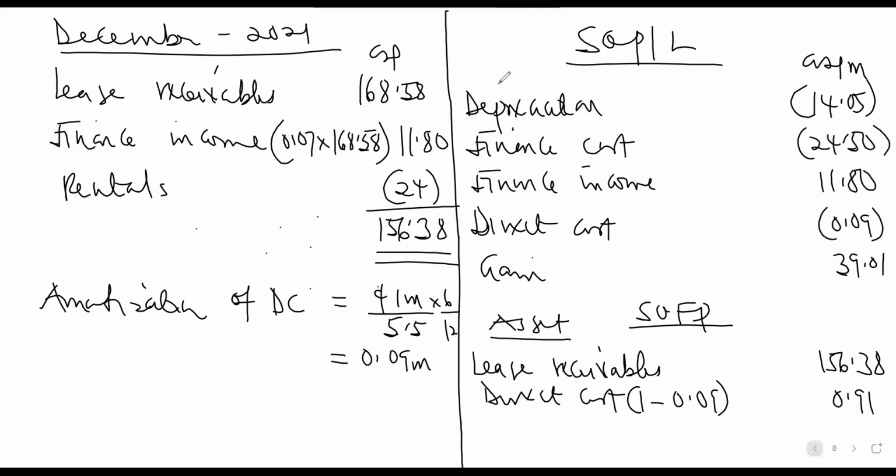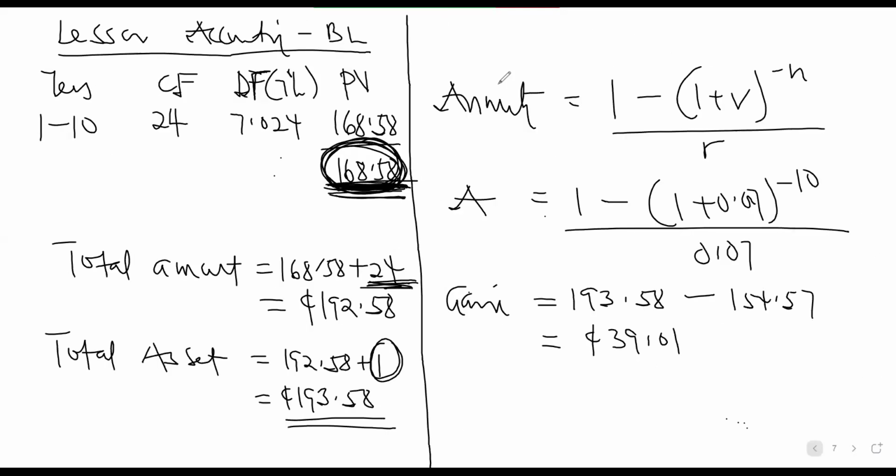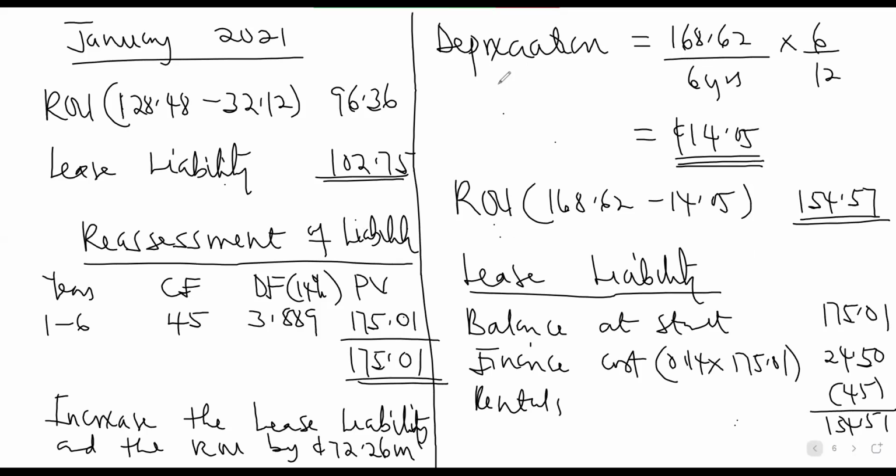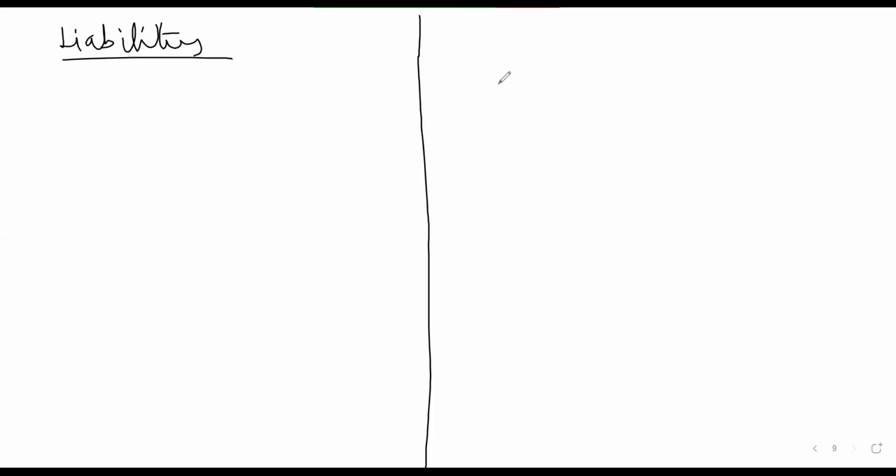Instead, you put the lease receivables there because you have sub-leased the asset. So the lease liability will be 154.51.